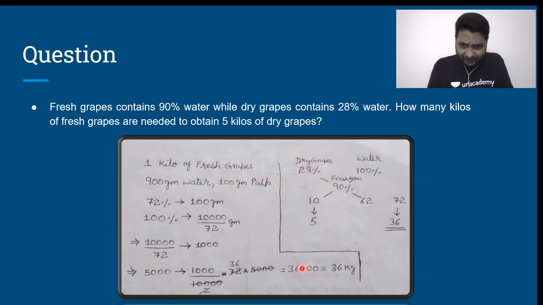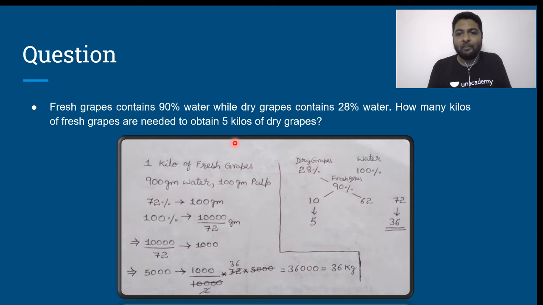If it is 36,000 grams, that means it is 36 kilos. To get 5 kilos of dry grapes, how many kilos of fresh grapes do I need? I need 36 kilos of fresh grapes to get 5 kilos of dry grapes. Is that clear?